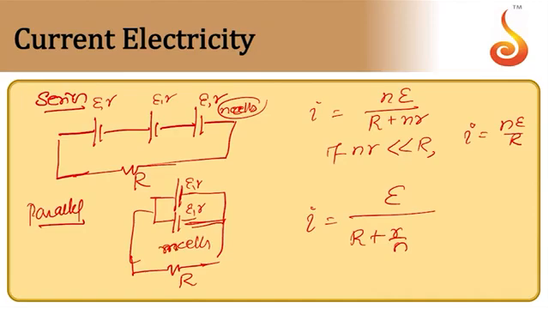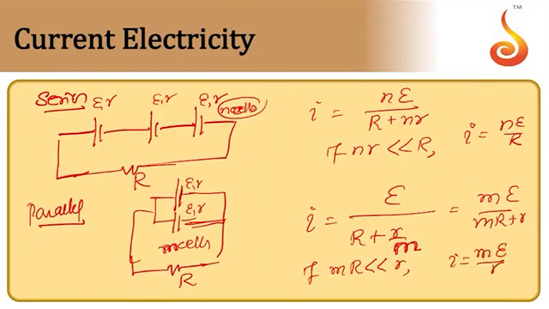I can use M here. So R divided by M. Or this becomes ME divided by MR plus R. So if MR is much less than R, then I becomes ME divided by R. So keep these basic ideas in mind.